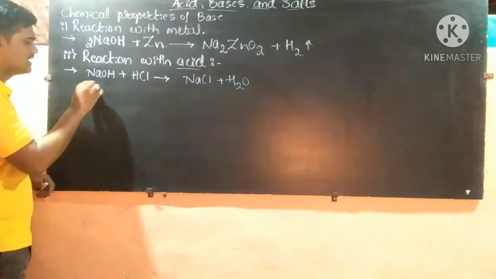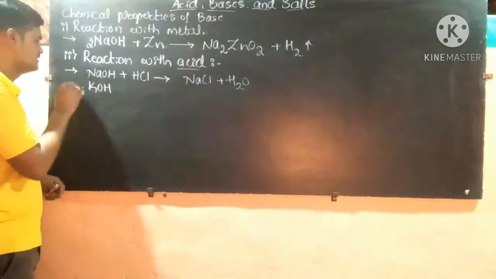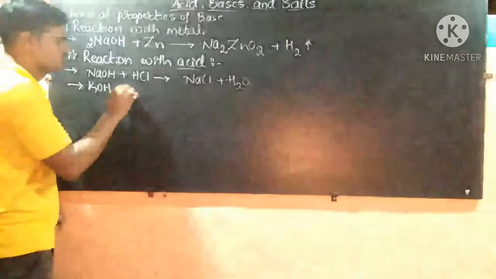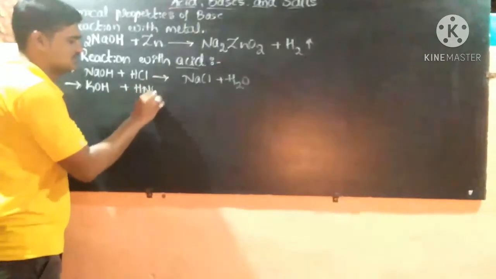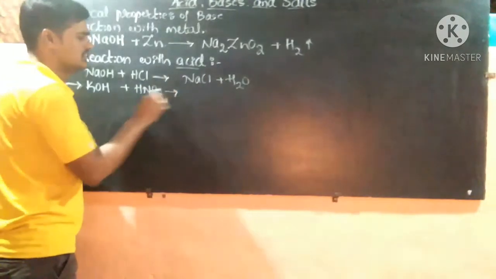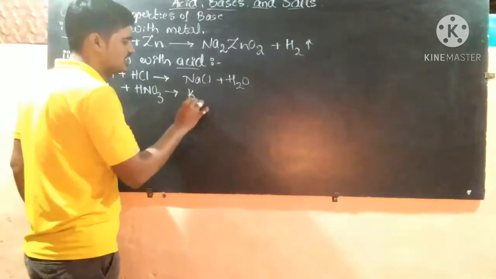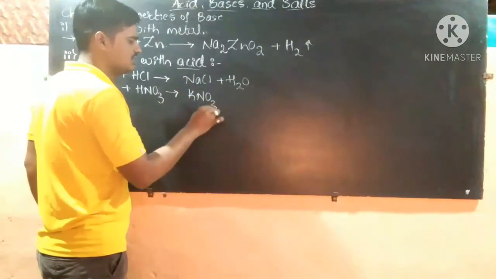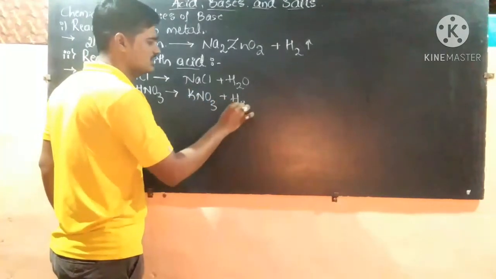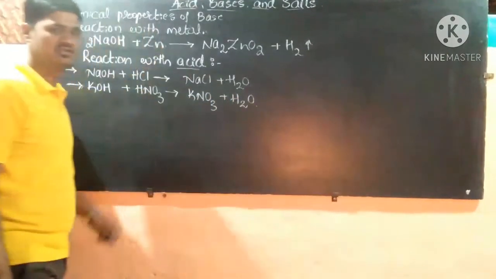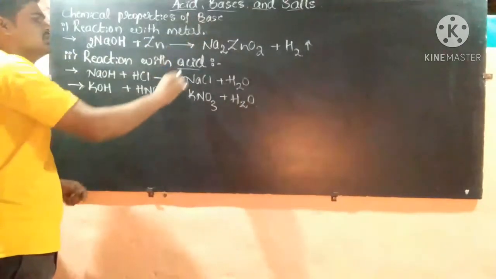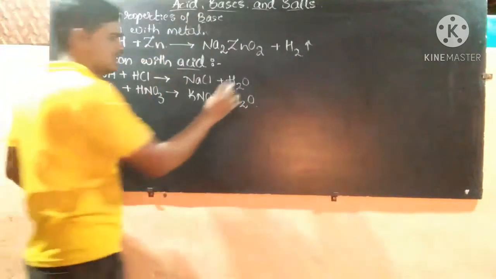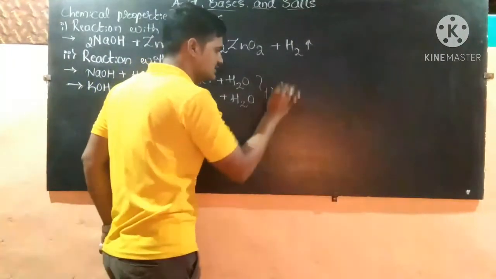Here I will take the base KOH, potassium hydroxide, plus nitric acid HNO3. It is going to produce KNO3 salt, potassium nitrate, plus water is released. So this is the example for the reaction of base with acids. It is also known as neutralization reaction.